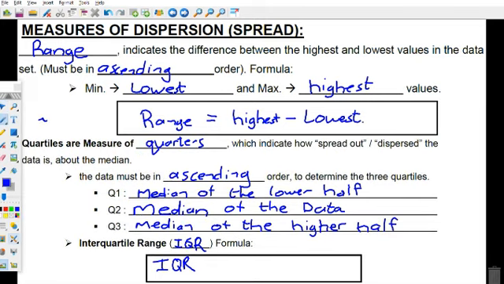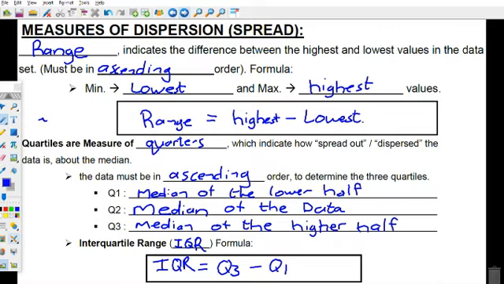My interquartile range is going to be my Q3 value minus my Q1 value. It's my Q3 minus my Q1. So my interquartile range, my IQR, is my Q3 minus my Q1.